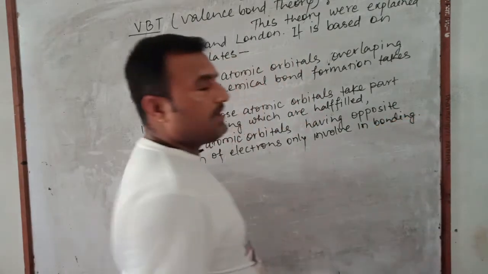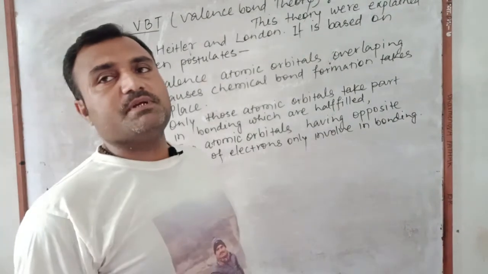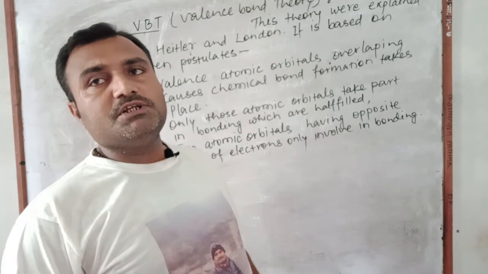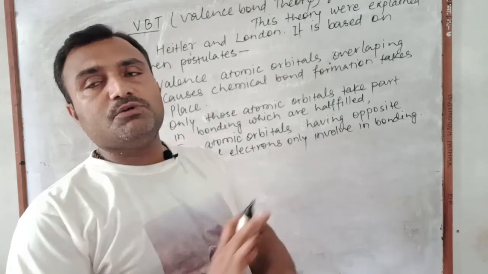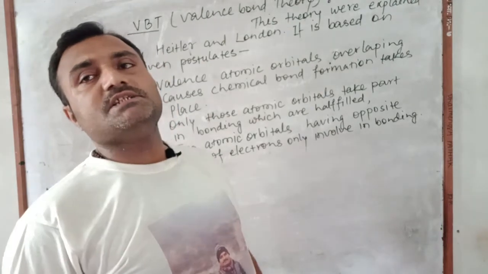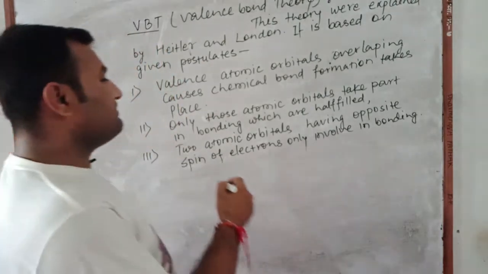If atomic orbitals have the same spin of electron, or if they revolve around the nucleus in the same direction, then they do not take part in bonding. When their direction of revolution is opposite, then only they participate in bonding.